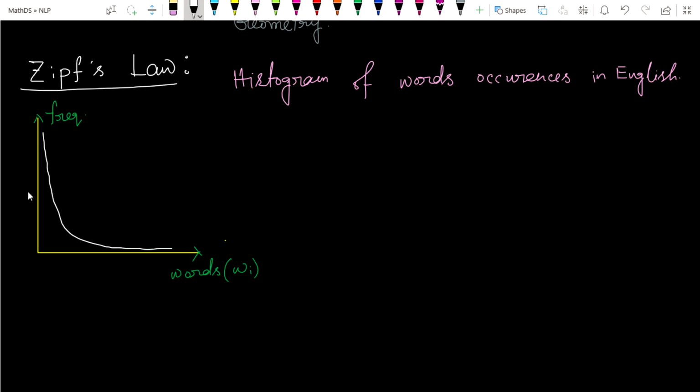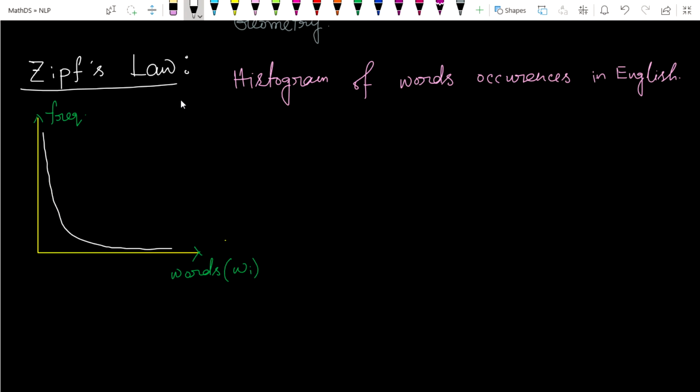That means a very small number of words are highly frequent, and there are very many words that are less frequent in our whole data set. You can consider this like plotting over the whole Wikipedia documents; this kind of histogram we will see.